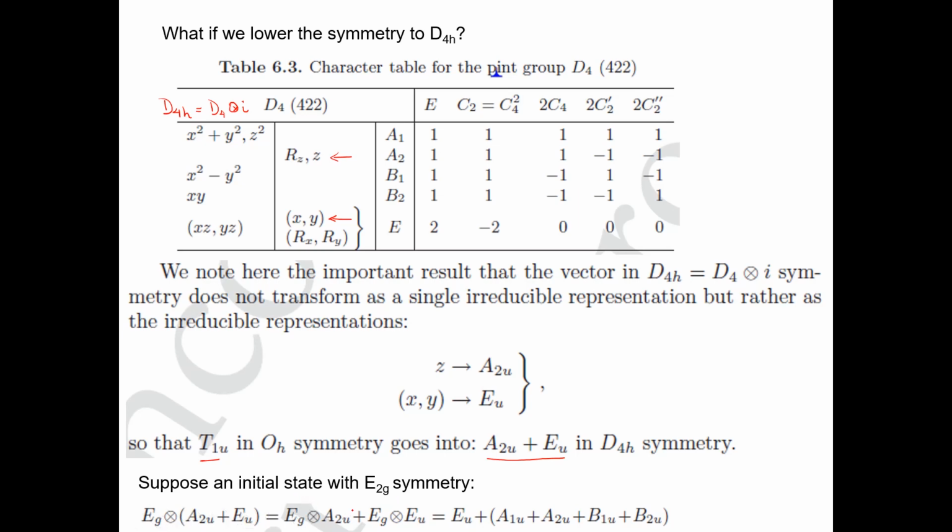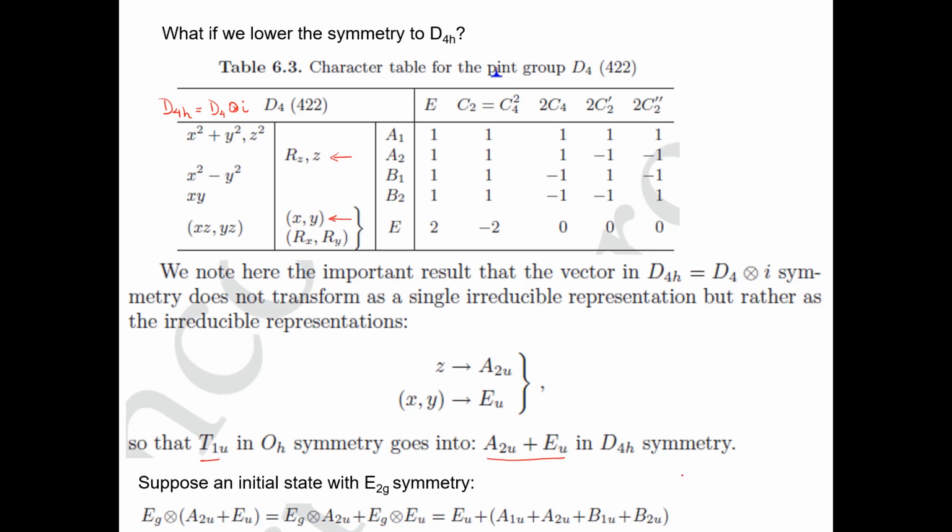Eg times A2u is Eu, and Eg multiplied by Eu is decomposed into these 4 different one-dimensional representations. I'm not doing this calculation, I'm just showing you the results. But this is basically saying that if your initial state has Eg symmetry, the final possible states may have these different symmetries: Eu, A1u, A2u, B1u, B2u.